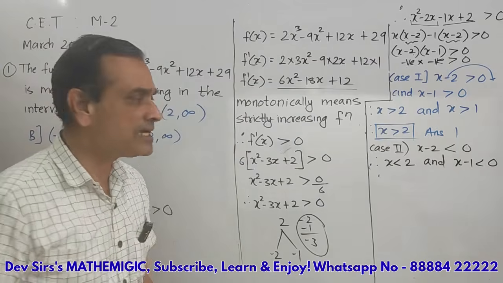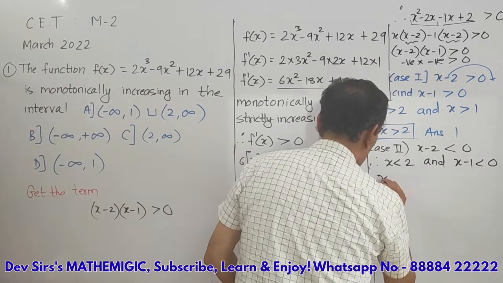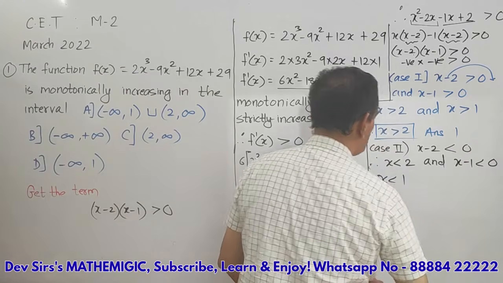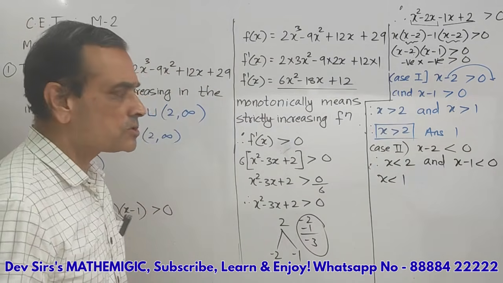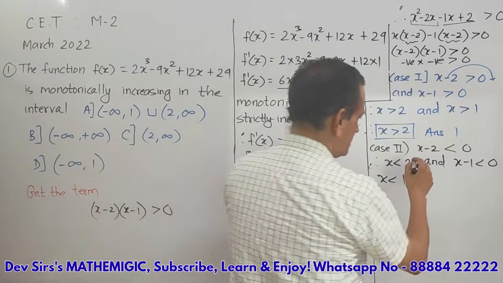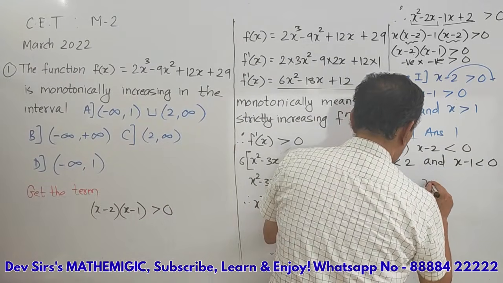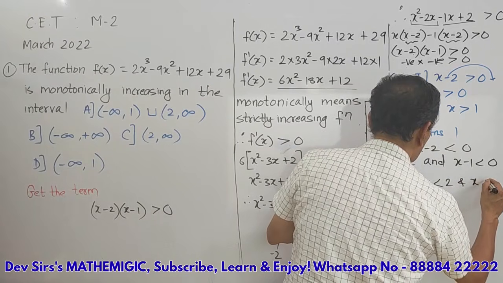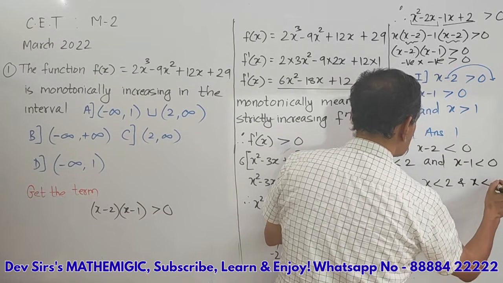Now x minus 1 less than 0 means minus 1 उधर ले लो, x less than 1. So इसका आंसर x less than 2 and x less than 1.